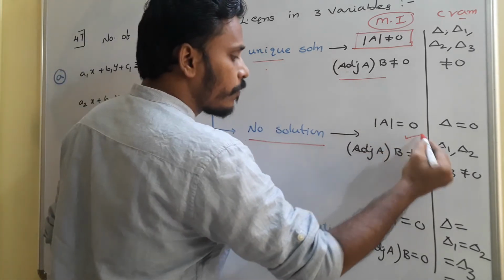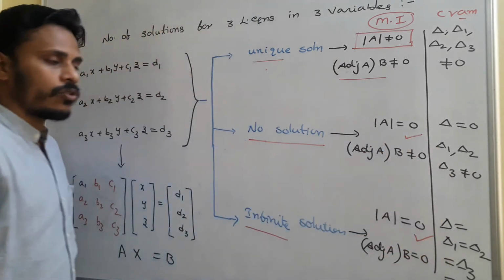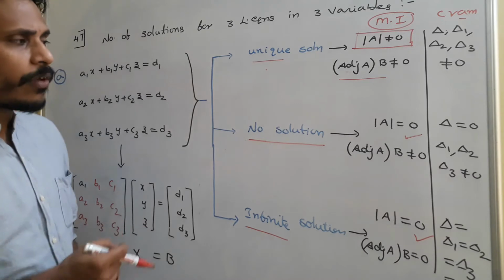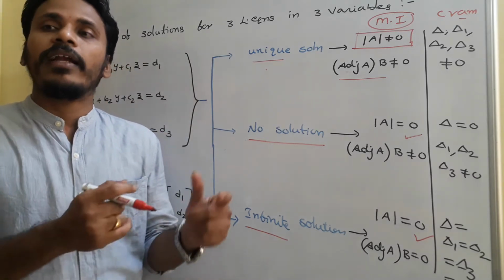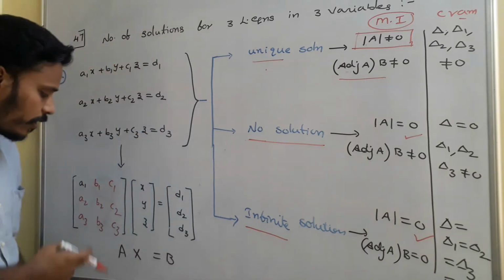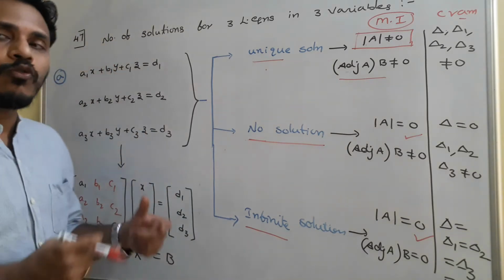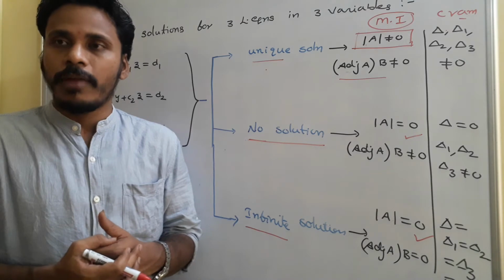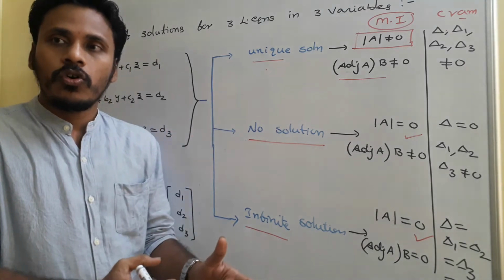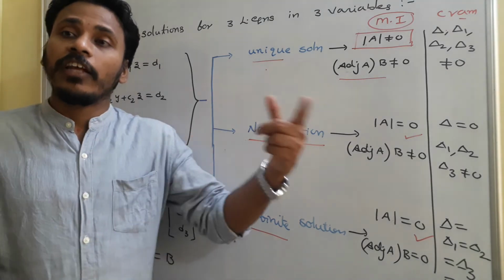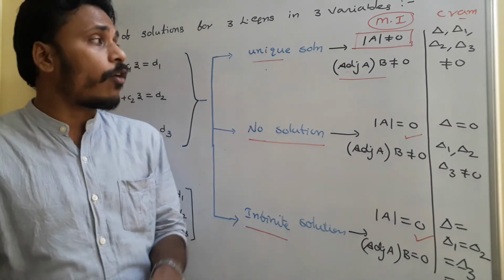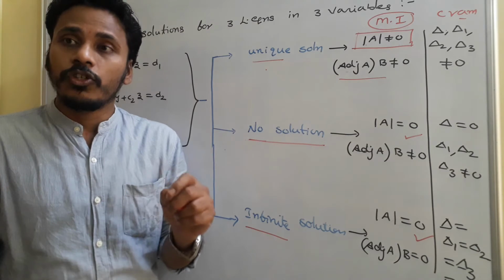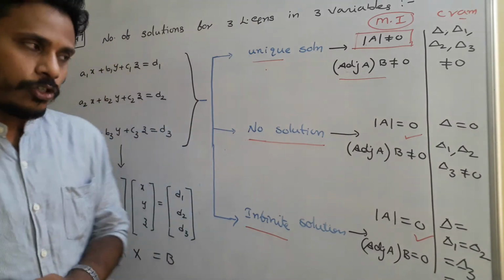In those cases, determinant of A is equal to 0. So the first check for whether the system has a unique solution or not is simply finding determinant of A, where A is the coefficient matrix. If the determinant of the coefficient matrix is 0, then the system has either no solution or infinite solutions. Whereas if the determinant of A is non-zero, then for sure the system has a unique solution.